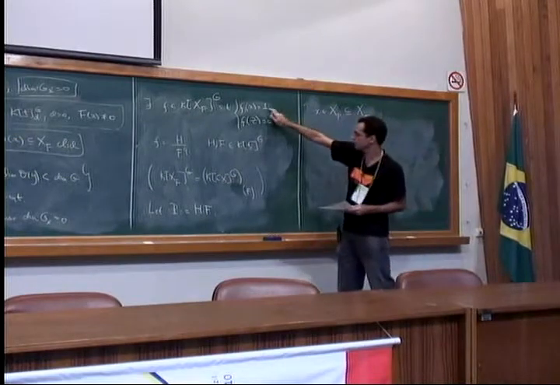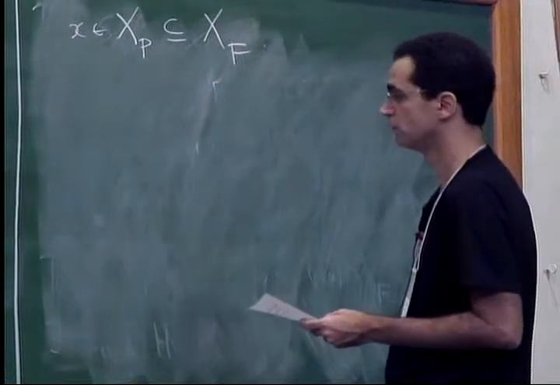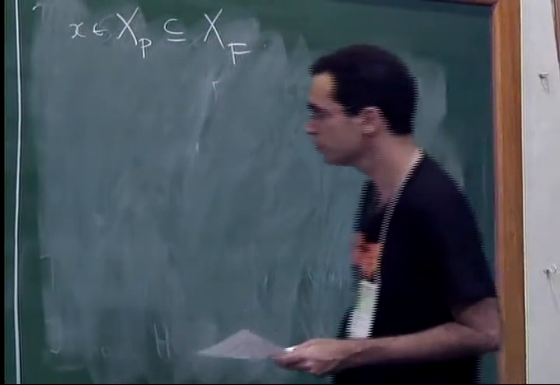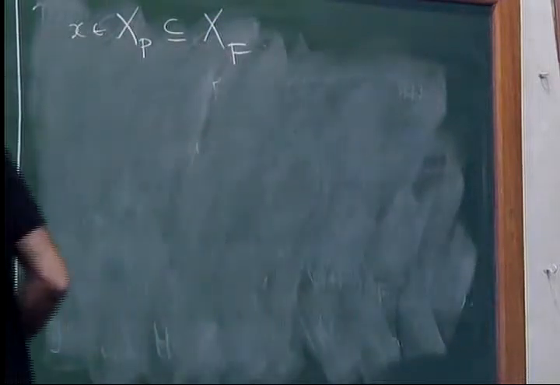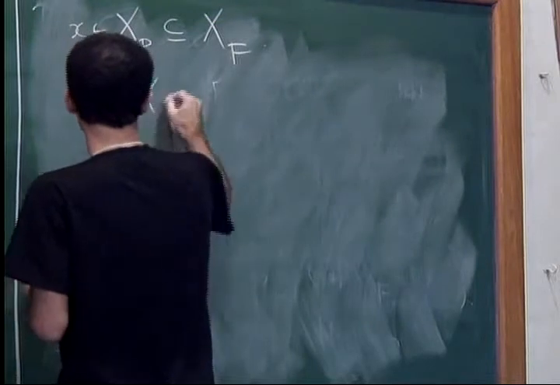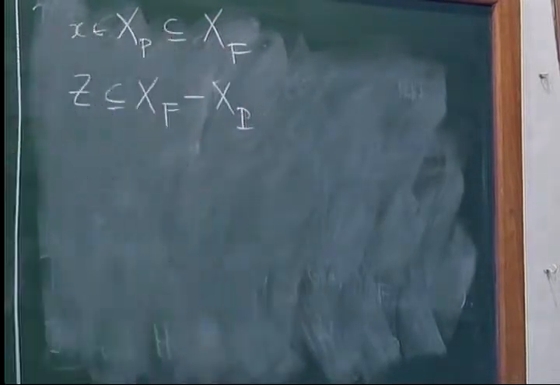Because f is 1, so both f and h are non-zero. And your closed subset is in the complement, right? Because h is 0 because of this.